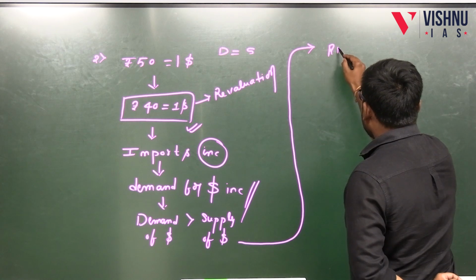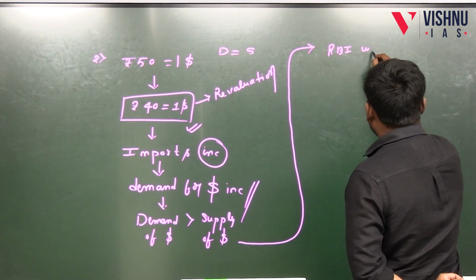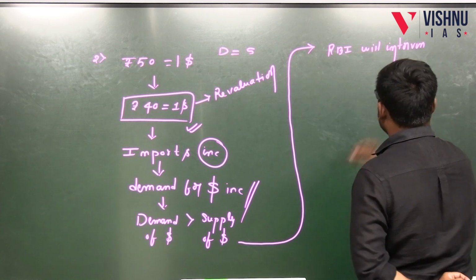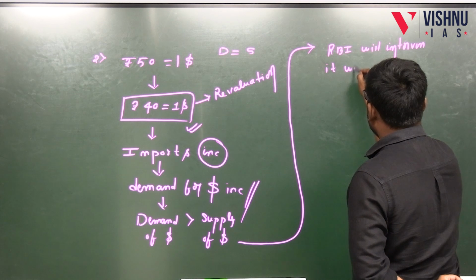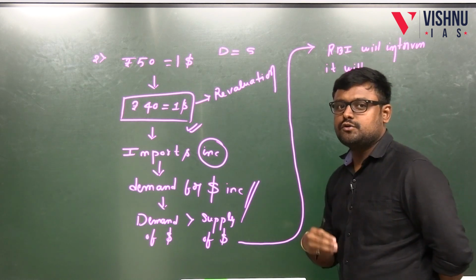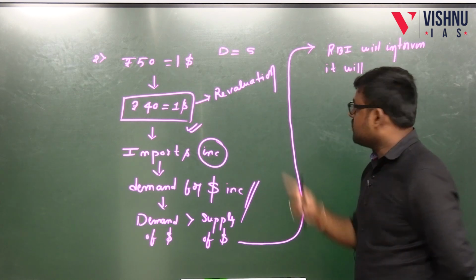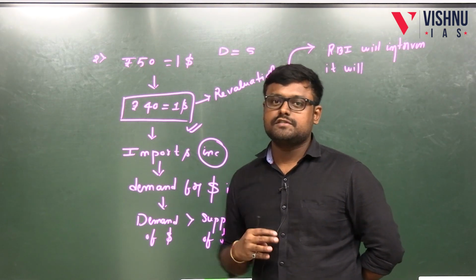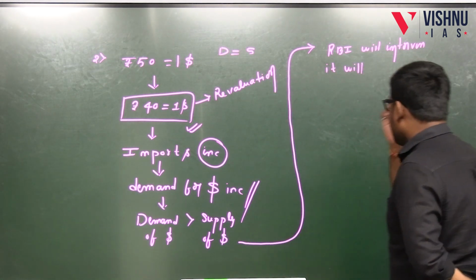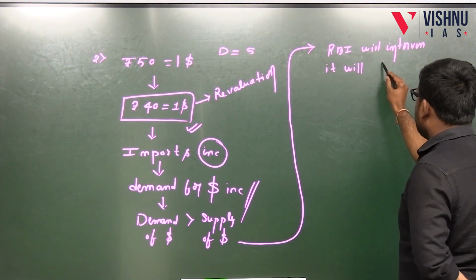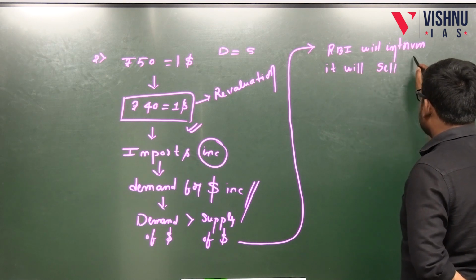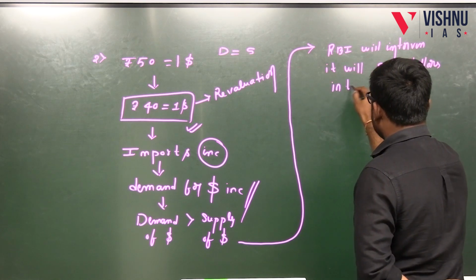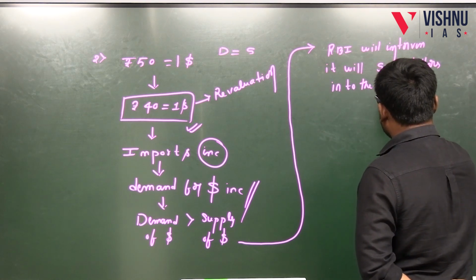Therefore, RBI will intervene. How? It will inject dollars into the foreign exchange market, because RBI already has holdings of dollars. So it will inject dollars into the foreign exchange market, or I can say it will sell dollars into the forex market.